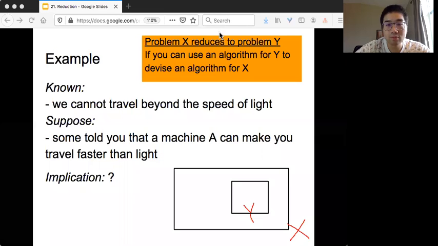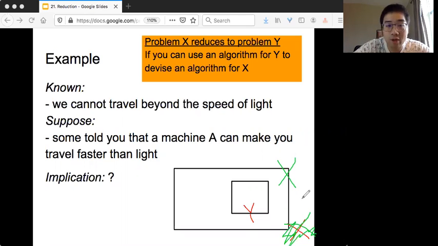So in terms of this figure, it's impossible to have this outer box. But suppose someone tells you, hey, let me build this machine A for you. You enter this machine, and this machine will travel faster than light. Effectively, this is a reduction.